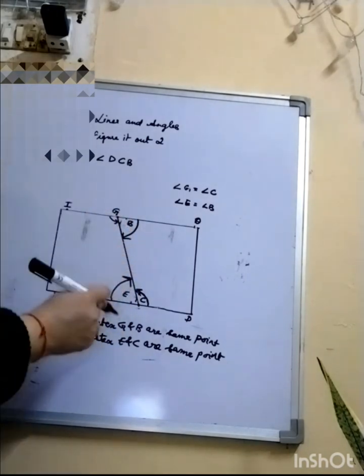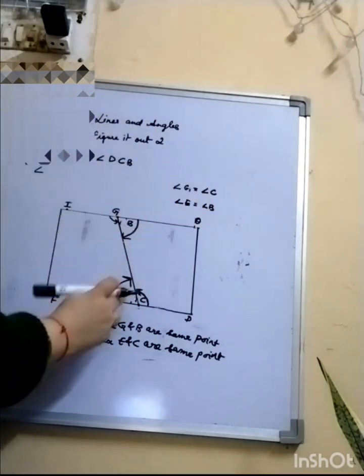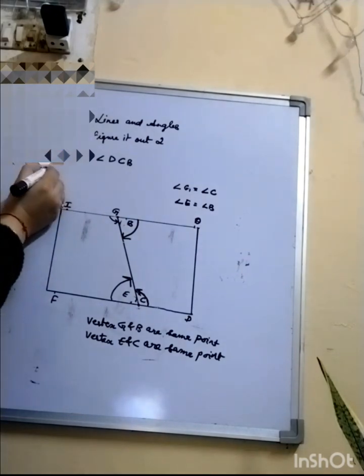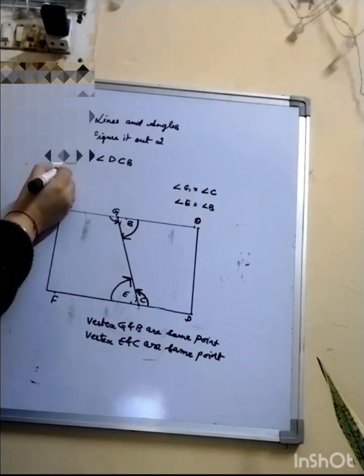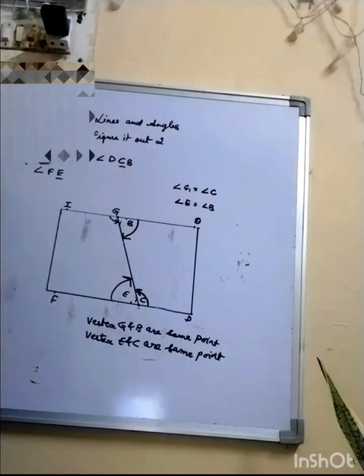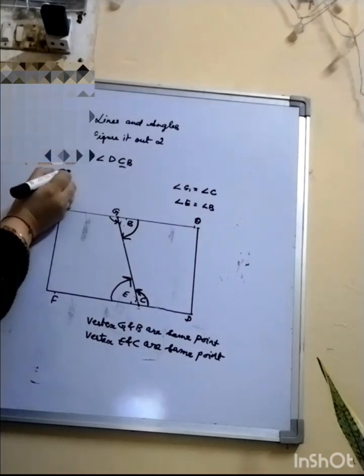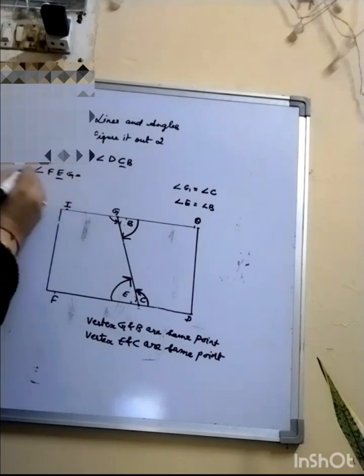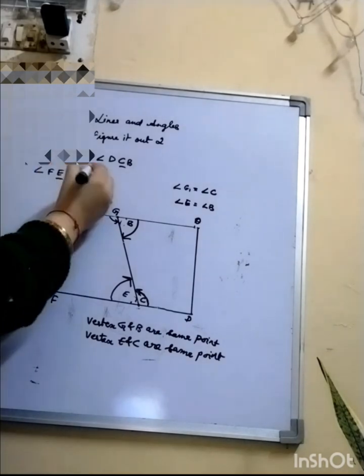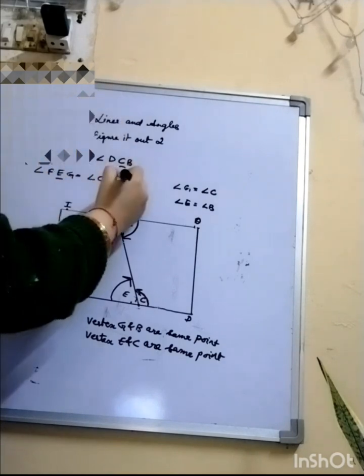Again, E is equal to B. So writing the full name, I get angle FEG, where E is the vertex. Remember, the vertex always comes in between the two other points. So angle FEG is equal to angle OGC.